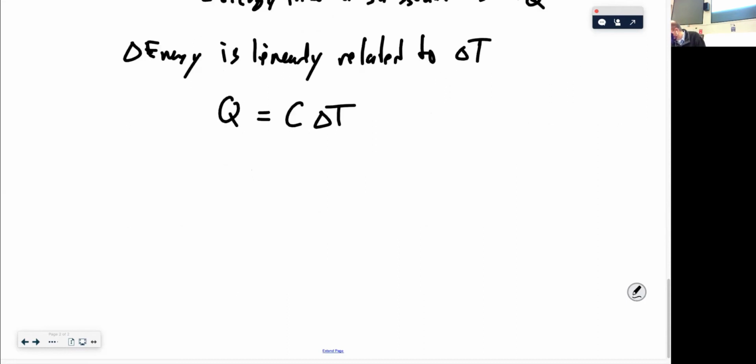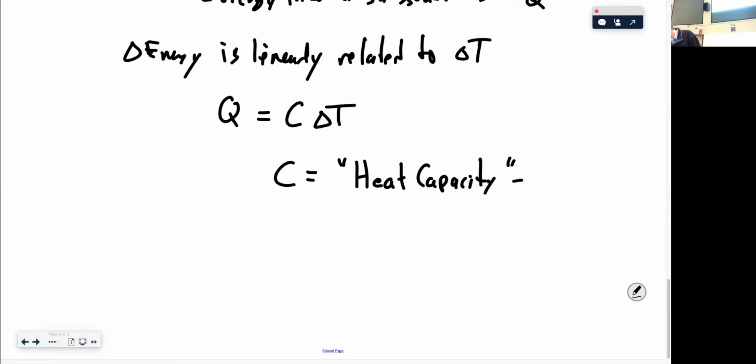What is C? It has a name. Anybody know what the name is? It is not the specific heat, although it's very close. It's the heat capacity. It's related to the specific heat. I'm going to get to the specific heat in a minute. But the C, capital C, as we defined it here, is heat capacity. And it is substance dependent.